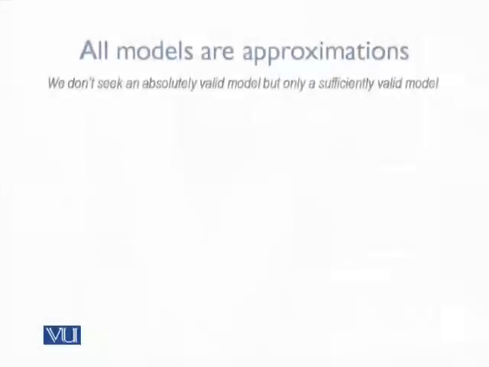I keep on emphasizing importance for your simulation study because it is important to understand that there is no completely accurate, completely valid model. Models are by definition approximations. If we wanted a completely accurate model, we could have worked with the real system instead.